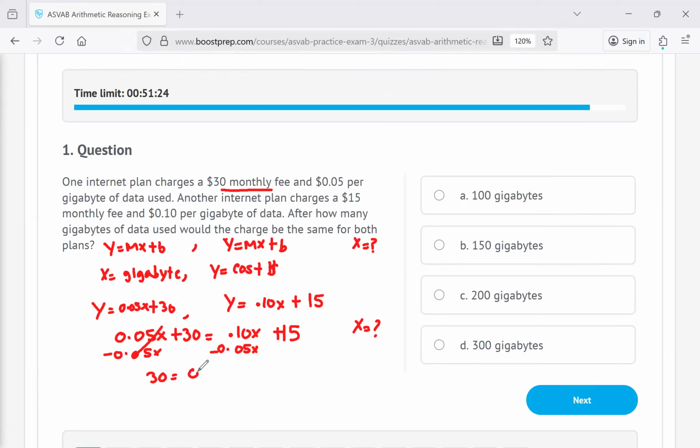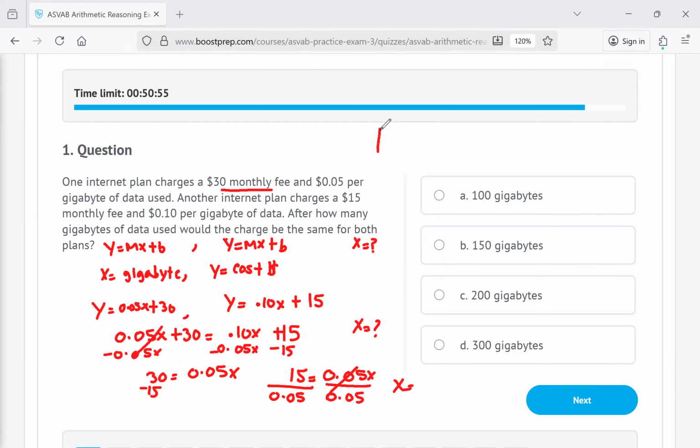It is 0.05x. And then move this 15 to the left by subtracting 15. What's 30 minus 15? 15 equals 0.05x. Solve for x by dividing both sides by 0.05. So you get x equals 15 divided by 0.05.